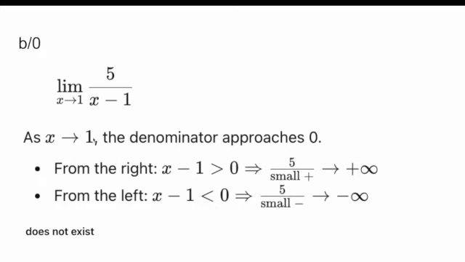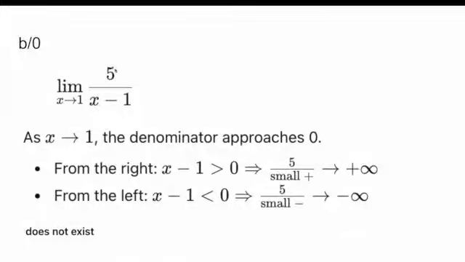If we approach from numbers bigger than 1, like 1.1 minus 1, we get closer and closer to 0, but the value is positive. If we have 1.1, then 1.1 minus 1 is 0.1. If we have 1.001, then 1.001 minus 1 is 0.001. So it's a small positive number.